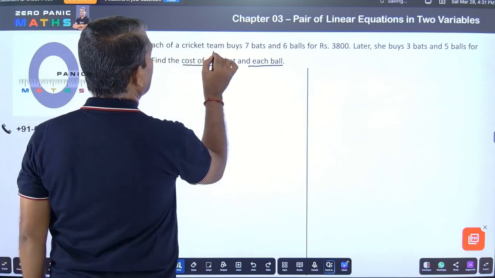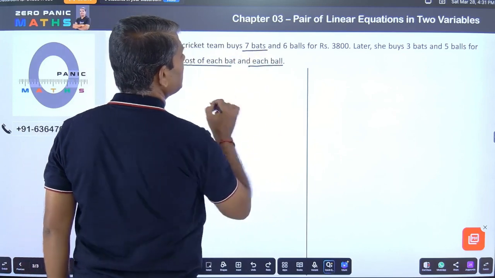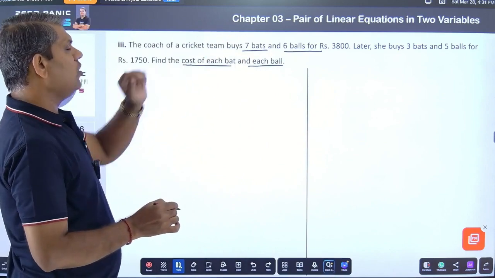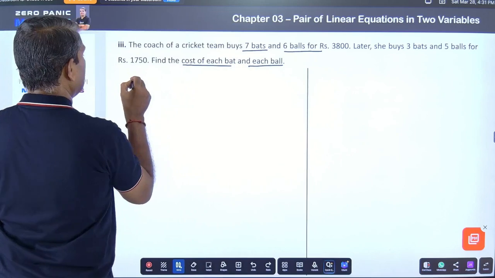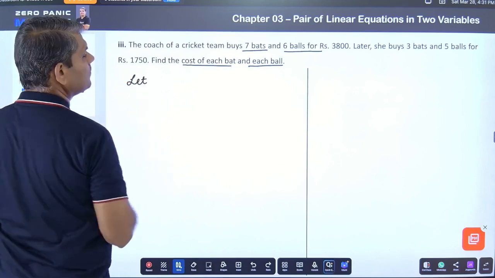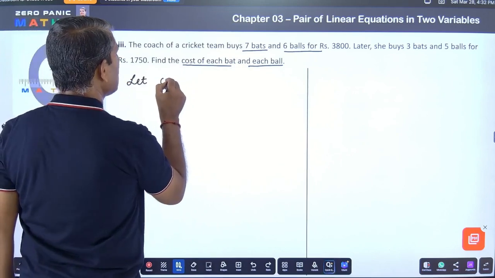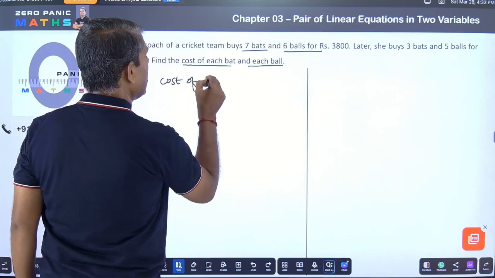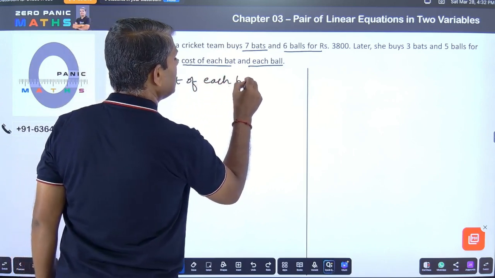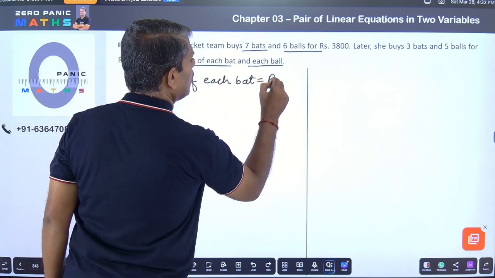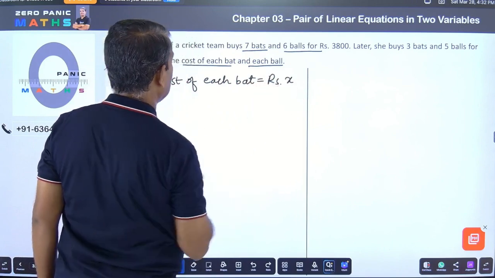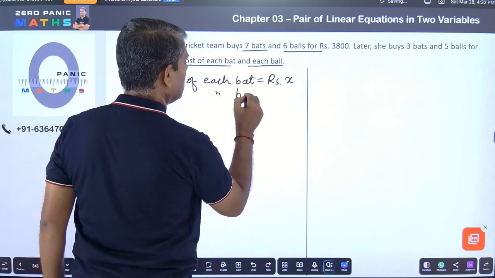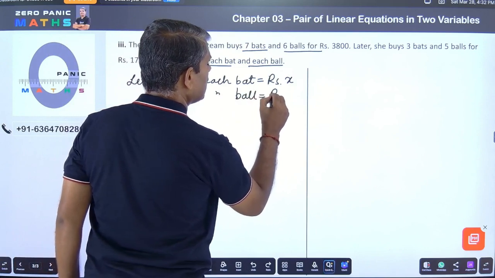The problem is: the coach of a cricket team buys 7 bats and 6 balls. Before we go to that, let us represent the cost of each bat as rupees x, and the cost of each ball as rupees y.